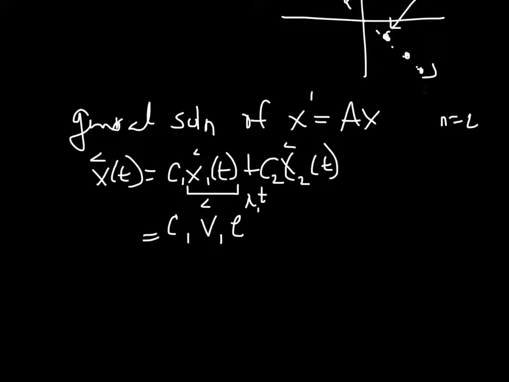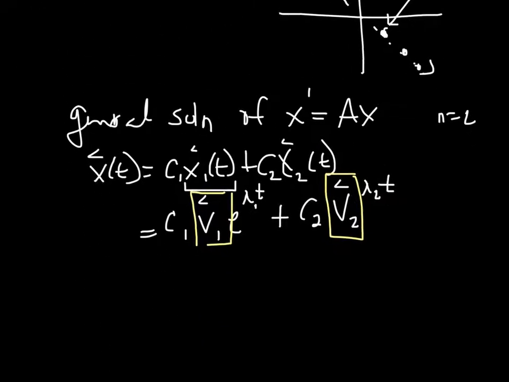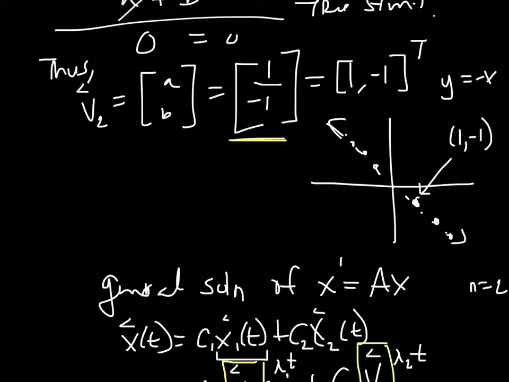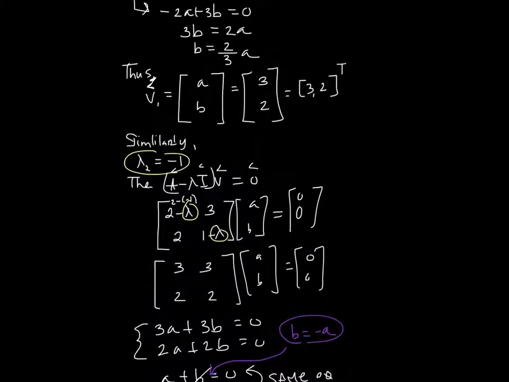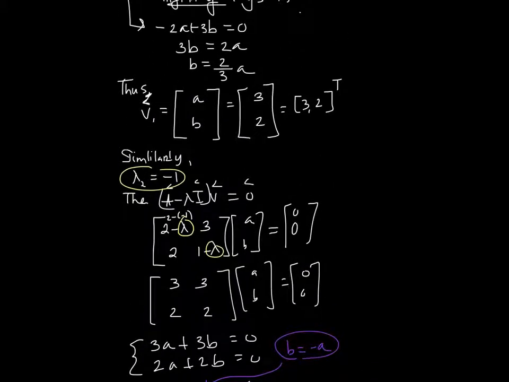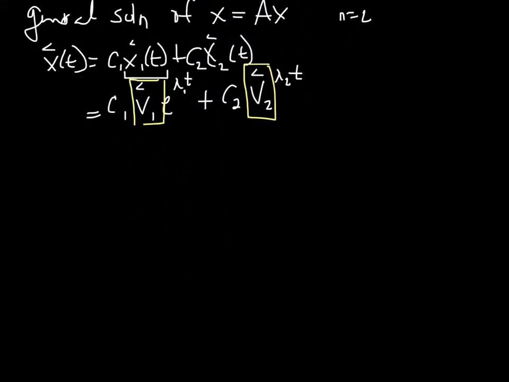If you want to write a little 1 there, plus c2 v2 e to the lambda 2 t. Well, we just found our v1 and our v2. I did it in yellow, they're right here. And what was it? 3, 2, and 1, negative 1.